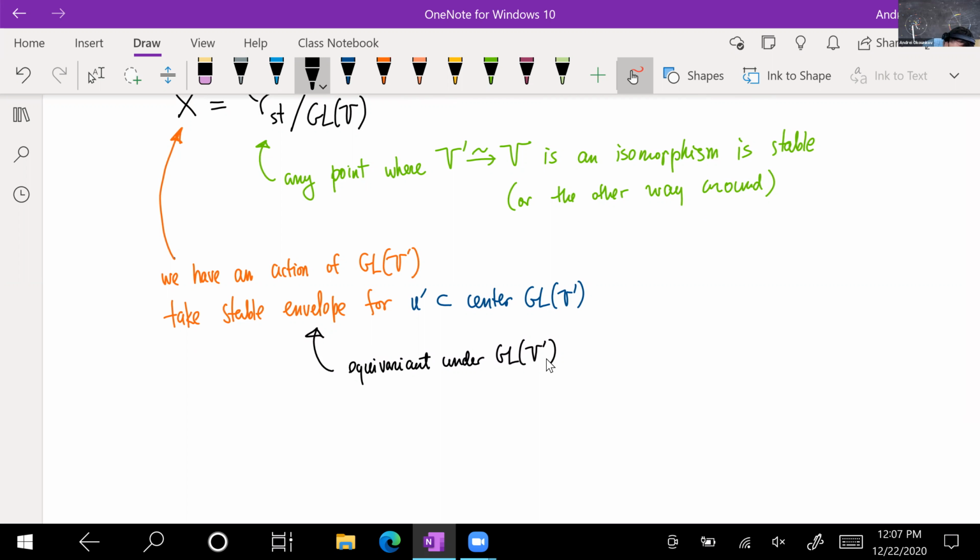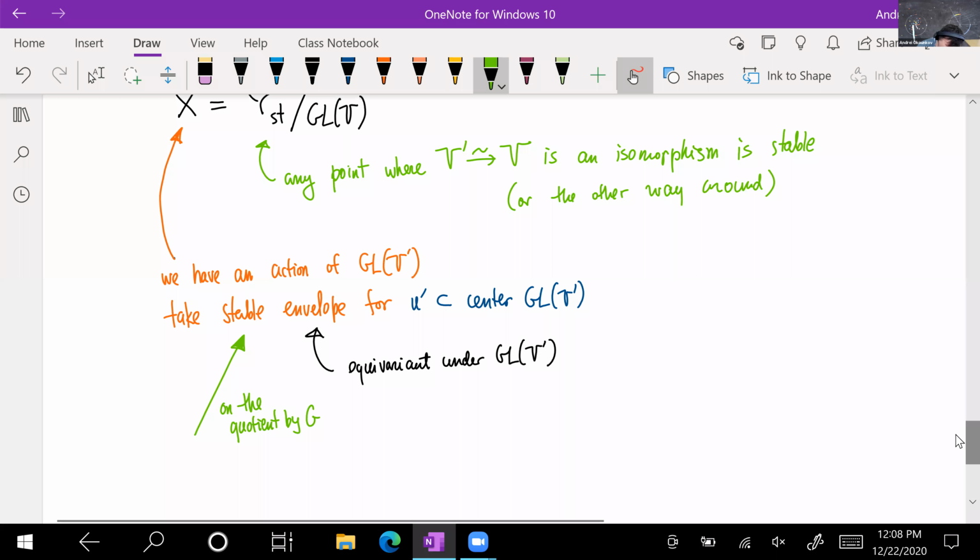So that's the stable envelope. What this has is that it is on the quotient by G. But on the other hand, it's some object on the quotient by the group G that is equivariant under the other group.